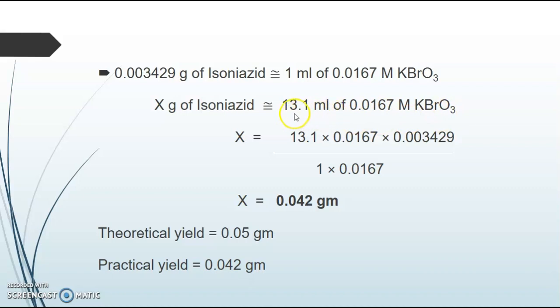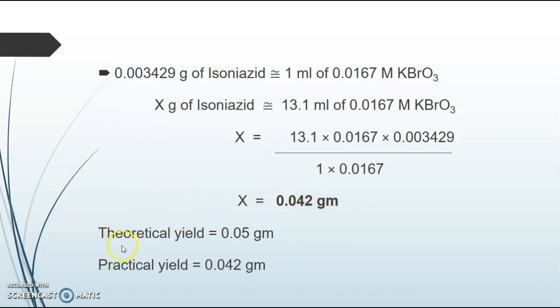Here this quantity is obtained from the titration; this reading is taken from the titration. Putting this value into the formula, we calculate the practical yield: 13.1 into 0.0167 into 0.003429 divided by 1 into 0.0167. So here we obtain the practical yield, that is 0.042 gram.